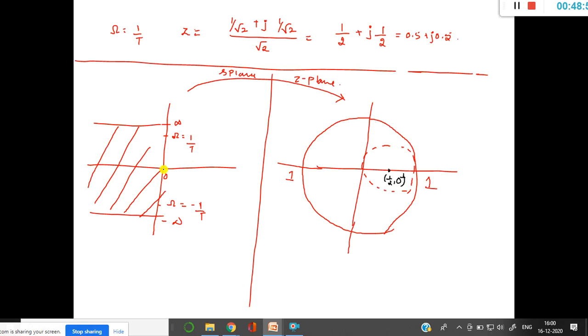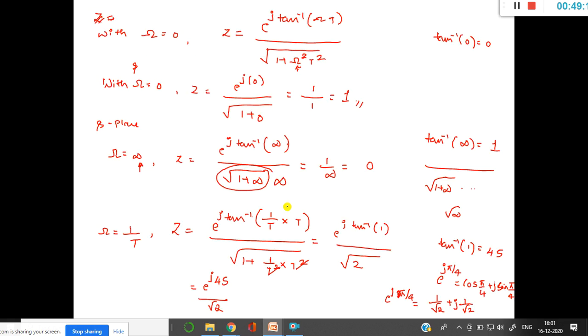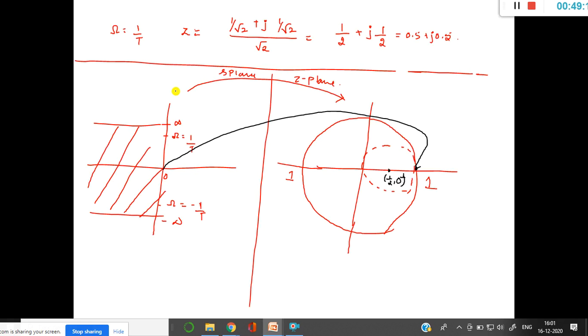So this value is going to be mapped on my z plane at this point. Now once again, for infinity it is 0. So for plus infinity and for minus infinity it is mapping to 0 value. So the 0 appears here, and if you take minus infinity or plus infinity, it is 0.